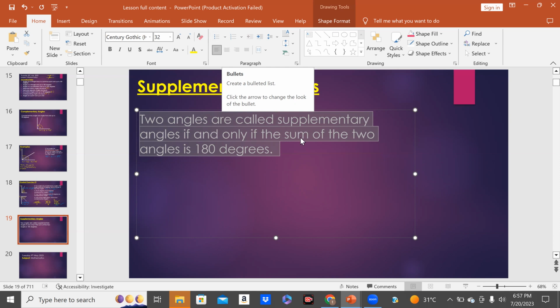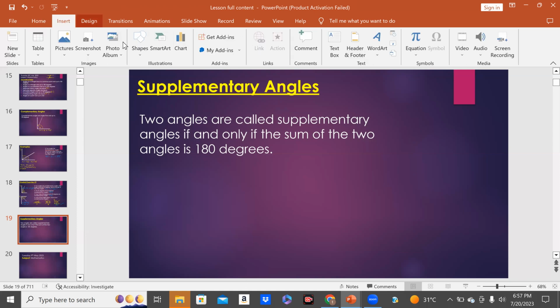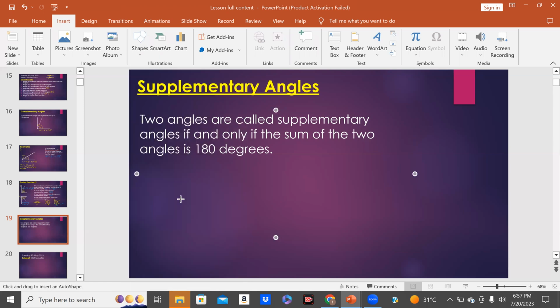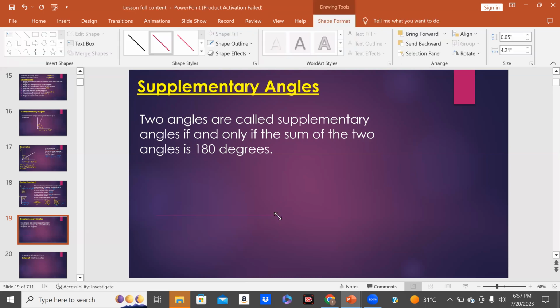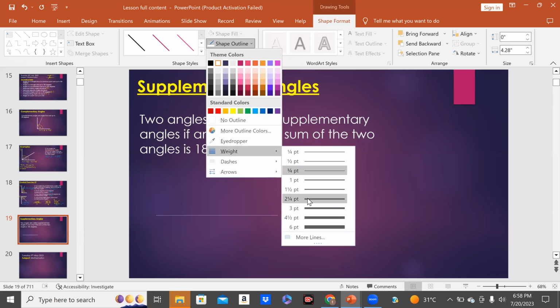So supplementary angles add up to 180 degrees. Complementary angles add up to 90 degrees. And so let's do an example of supplementary angles. So we have something looking like this. And the shape, we weight it.